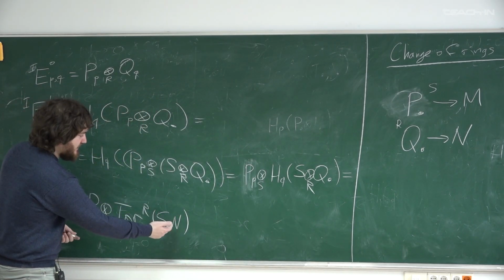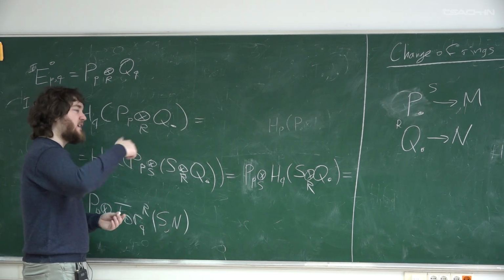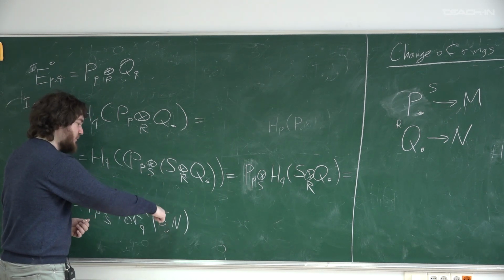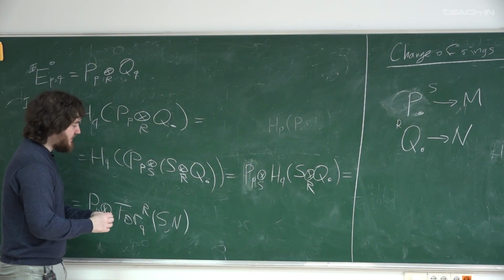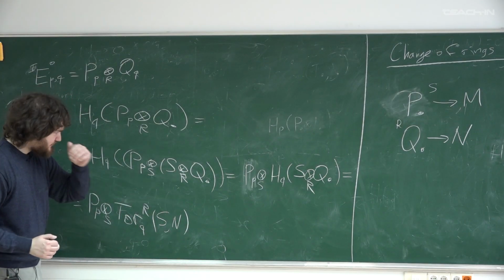N is a left R module, S is a right R module, so you have this Tor as an abelian group, but you also have a left S-module structure on this Tor.